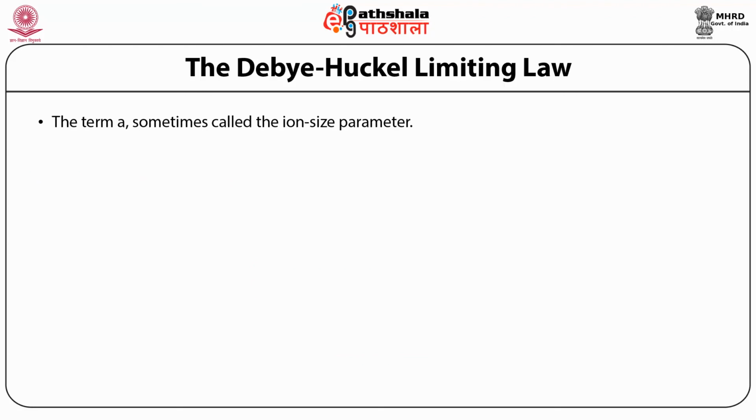The term a, sometimes called the ion size parameter, is said to correspond to the distance of closest approach of the cations and anions. There is considerable uncertainty about the magnitude of this term, but it seems to be about 3 angstrom for most singly charged ions and as large as 11 angstrom for ions of higher charge.